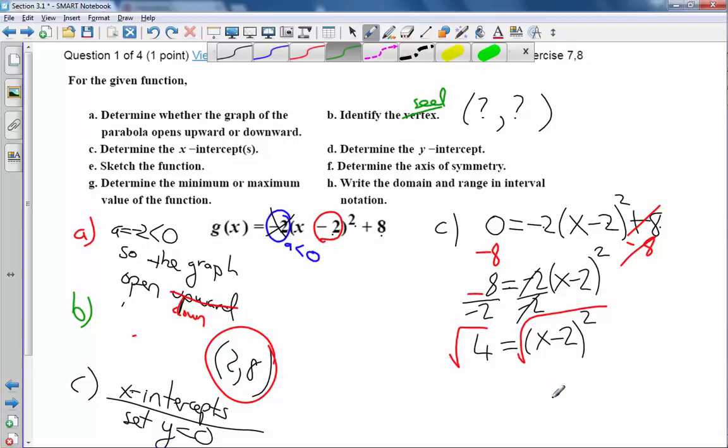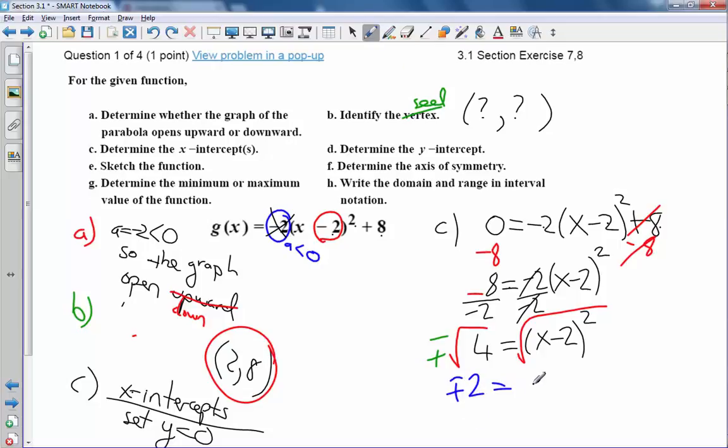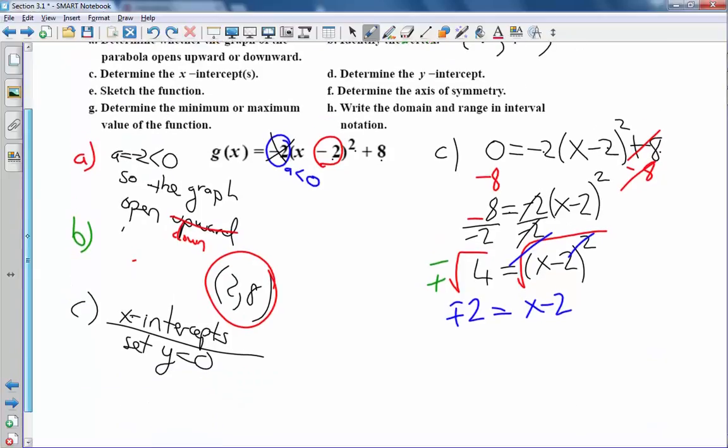Which side? It really doesn't matter, but it's just convenient to put it on the number side. And compute that square root if possible. Can you compute square root 4? What is it? Plus minus 2 equals x minus 2. These two cancel.